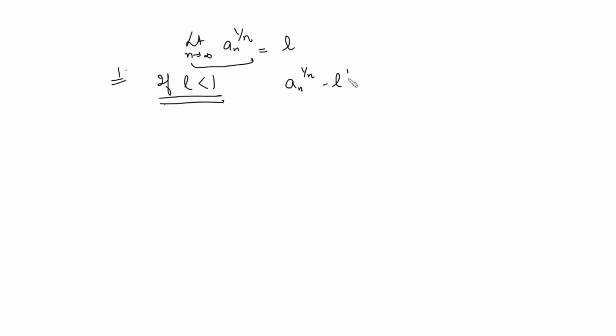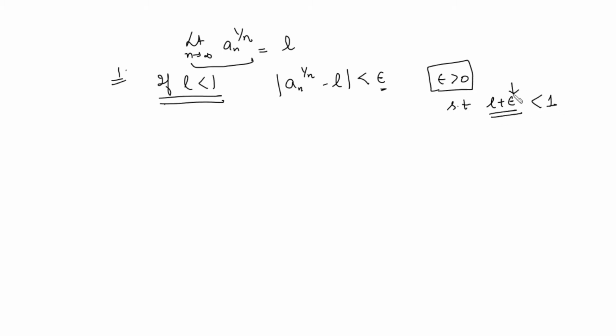Now in case 1, we are finding the limit of the nth root of the nth term and say it is L. Now just see, if your L is strictly less than 1, then just by the definition of limit, this difference is very small. Let's suppose epsilon is very small such that L plus epsilon is less than 1.